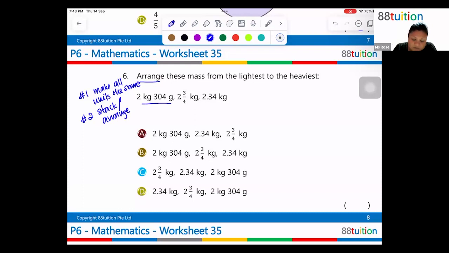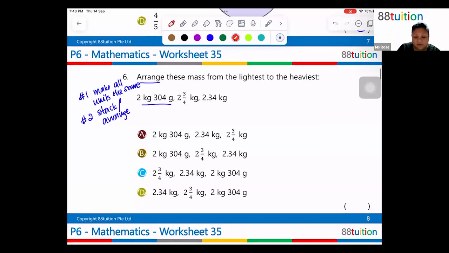The easiest is to convert everything to kilograms or grams. Which one will you use to convert them? Do you use kilograms or do you use grams? Thank you. Okay. So 2 kg 304 grams is the same as 2,304 grams. This will be 2,750 grams.